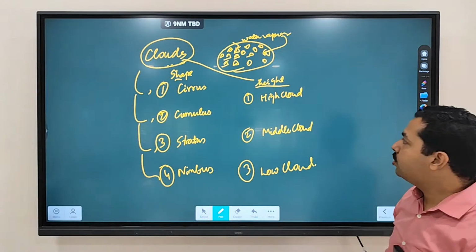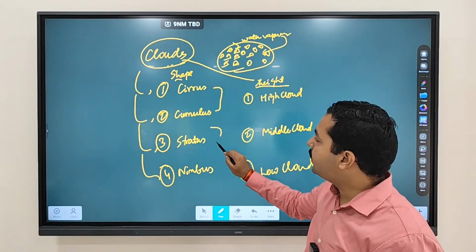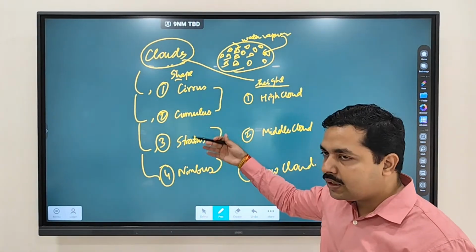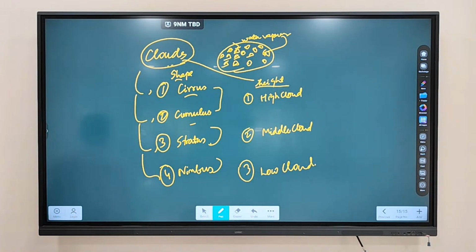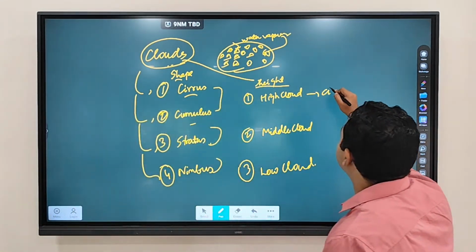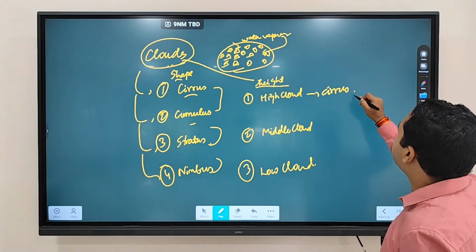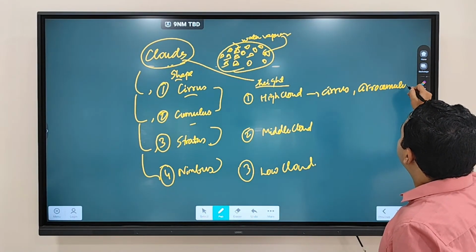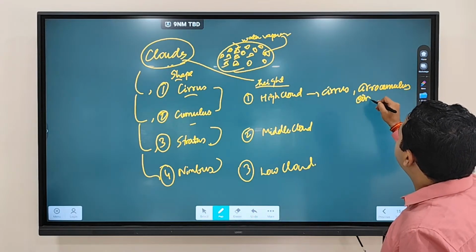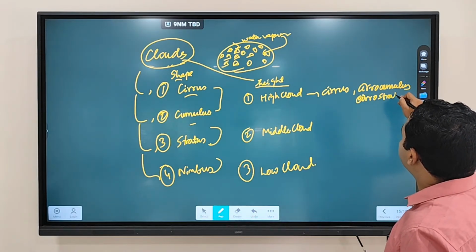Fine. In reality, you don't find clouds as they are. You sometimes see mixing of the clouds also. So that's why you can see different types of high cloud, like cirrus, cirrocumulus, cirrostratus. These are the high clouds.